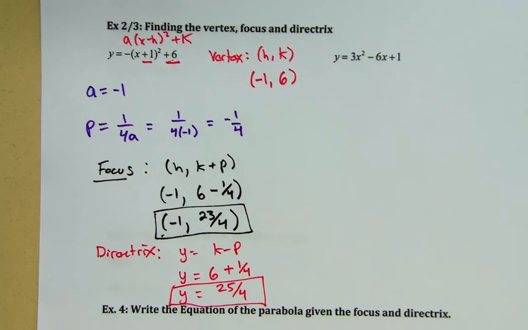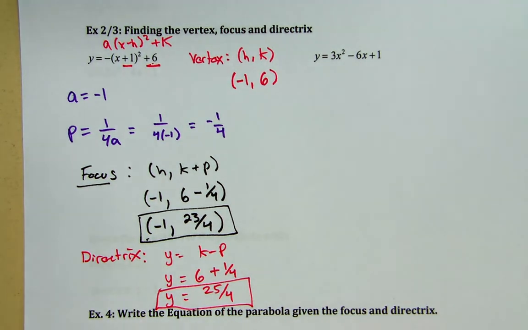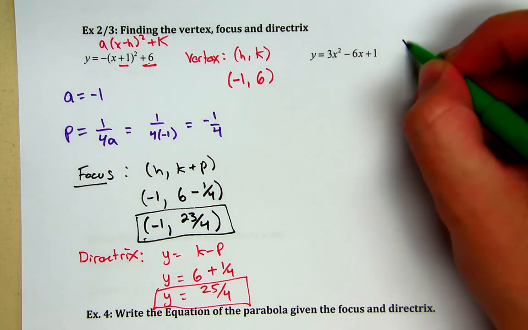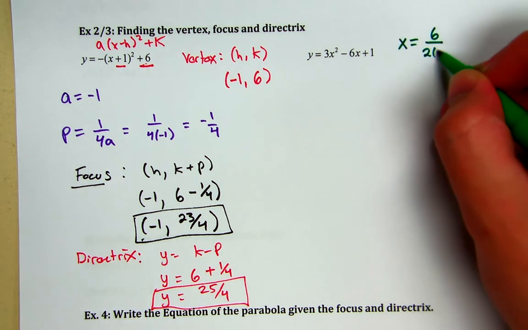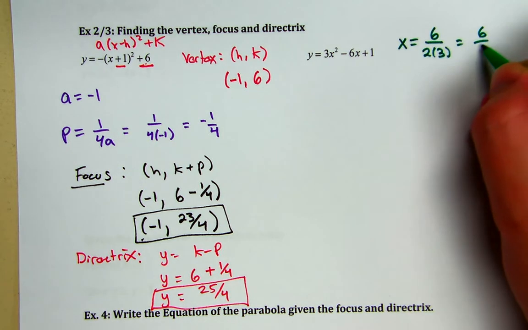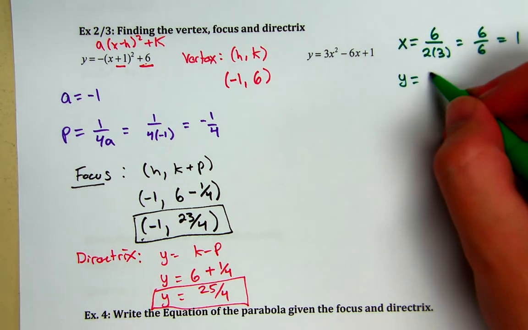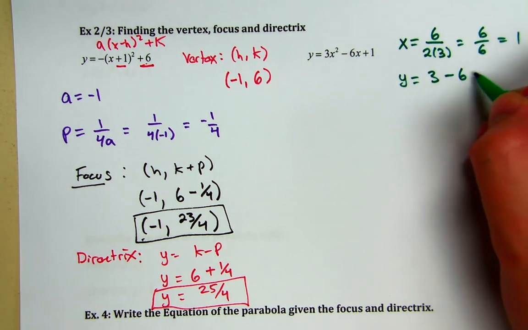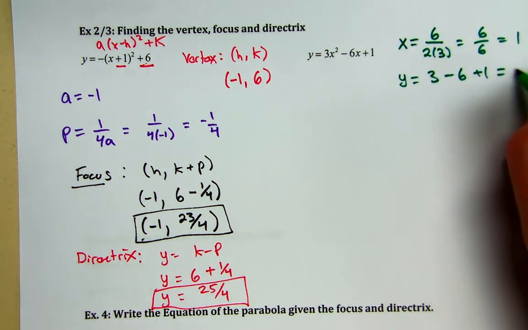Alright, now let's do an example where it's not in standard form, so we actually have to solve for the vertex. So x equals the opposite of b over 2a, so 6 over 2 times 3, which is 6 over 6, which equals 1. Now plug 1 in. So y equals 3 minus 6 plus 1. That's negative 2.